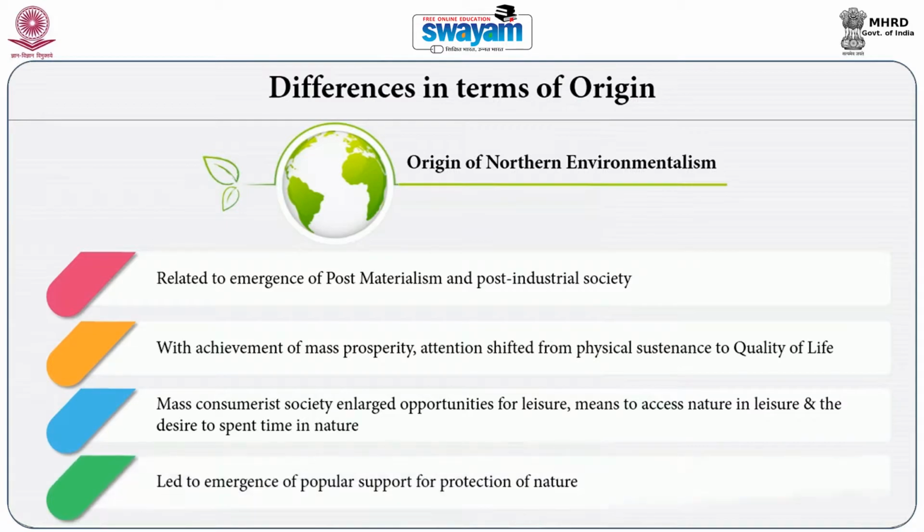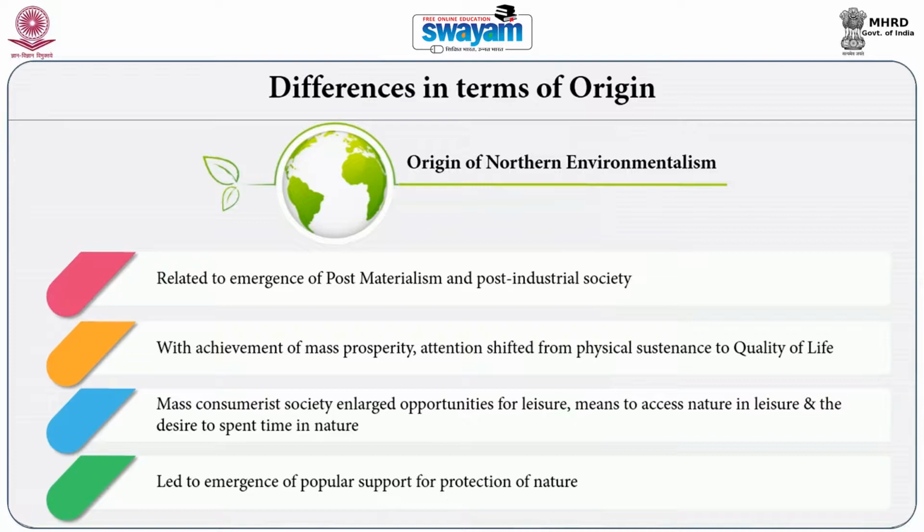As societies progressed from industrialized societies to post-industrial societies, mass prosperity took place in society, and the mass consumerist society enlarged the opportunities for leisure for the people. Now people are prosperous, society is prosperous, they have a lot of time for leisure, and people now want to spend their leisure time with nature.